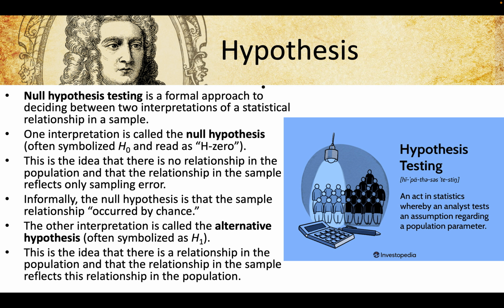Informally, the null hypothesis is that the sample relationship occurred by chance. The other interpretation is called the alternative hypothesis, often symbolized as H1. This is the idea that there is a relationship in the population and that the relationship in the sample reflects this relationship in the population.